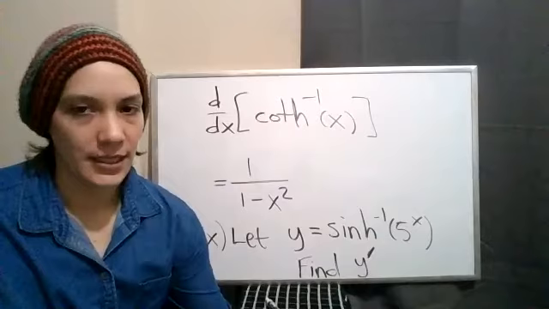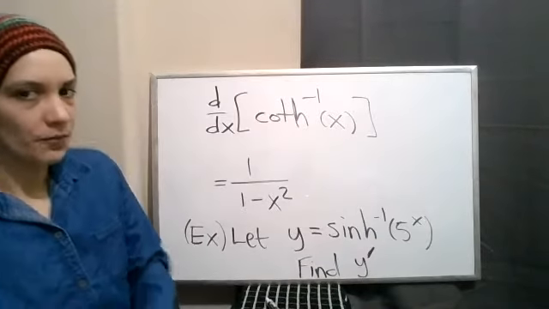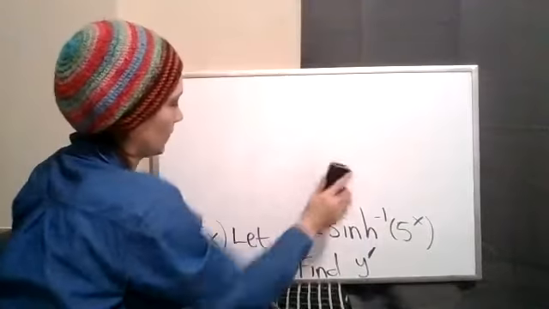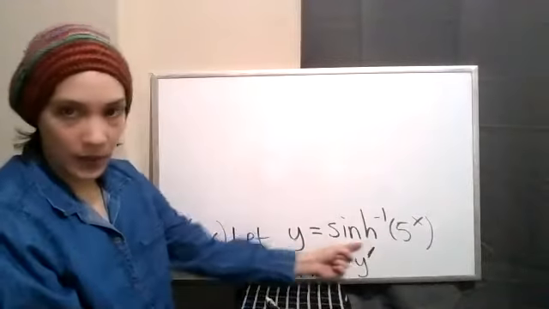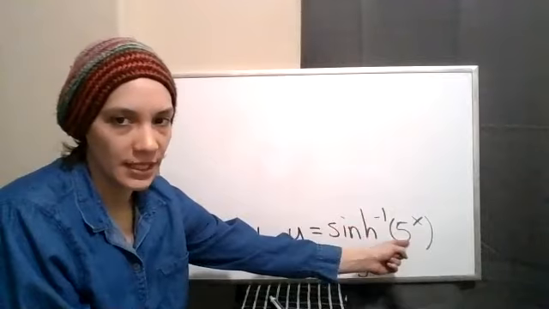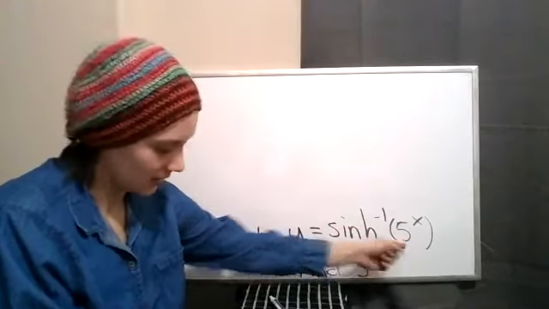Okay, so let's see. We're going to use the chain rule. This is the outer function. Multiply the derivative of that with the derivative of the inside function, 5 to the x.